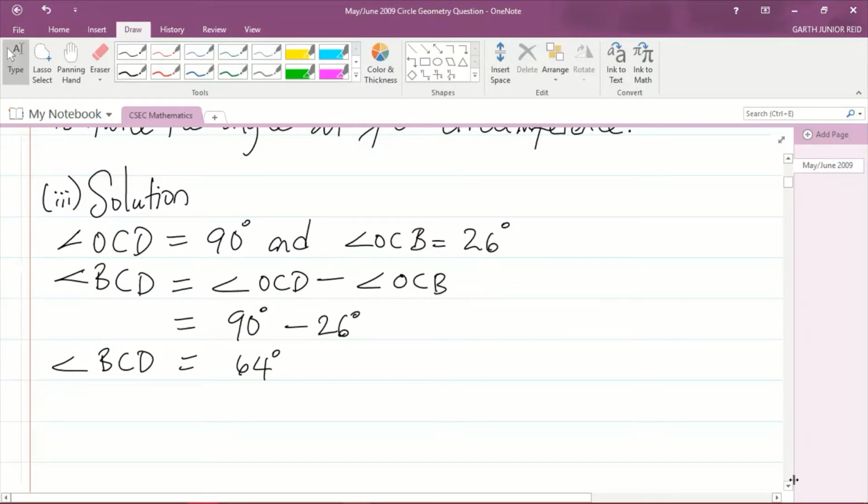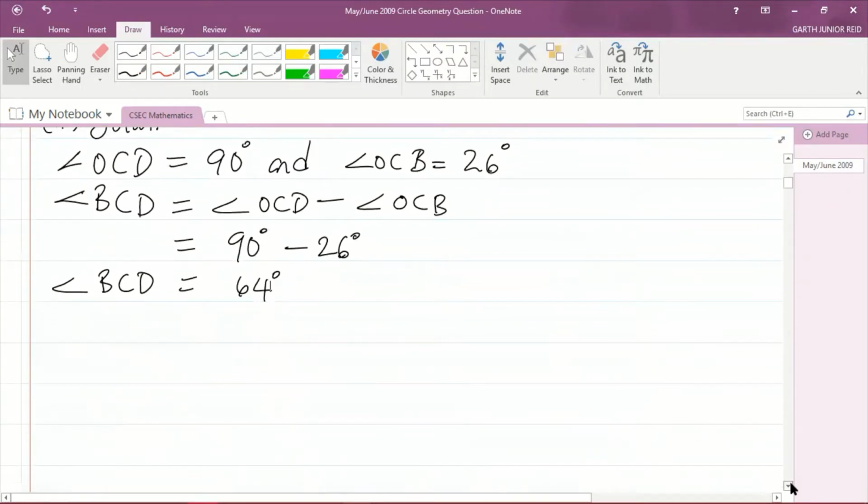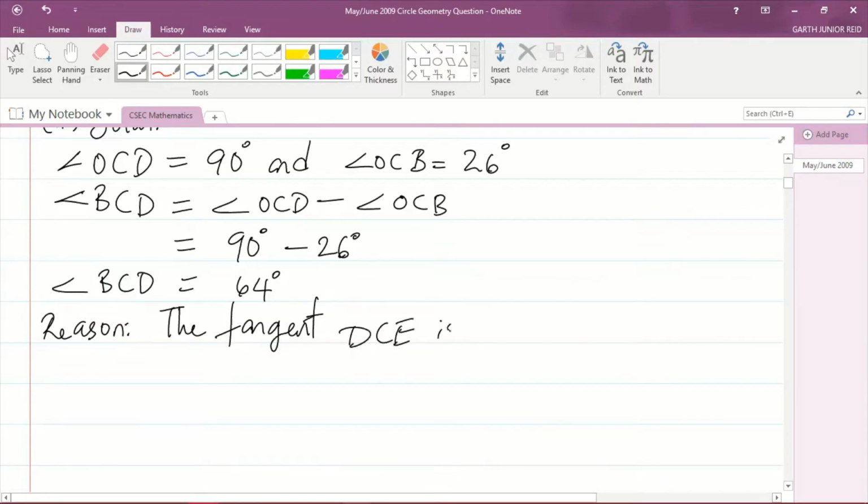All right? Great. So our reason here now is that the tangent DCE is perpendicular to the radius OC, all right, OC is the radius.